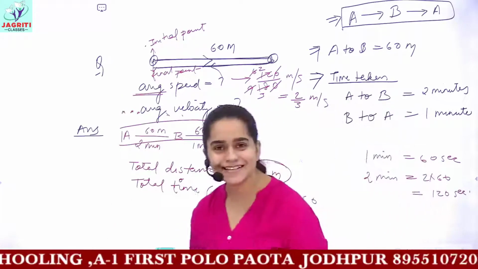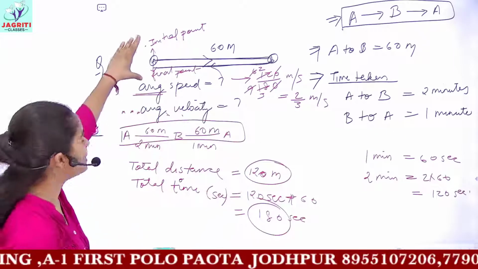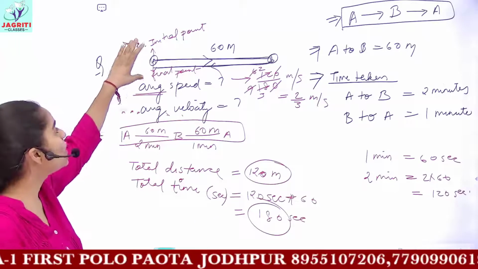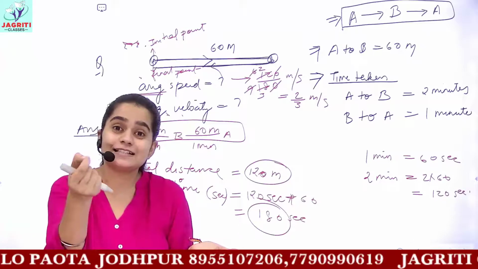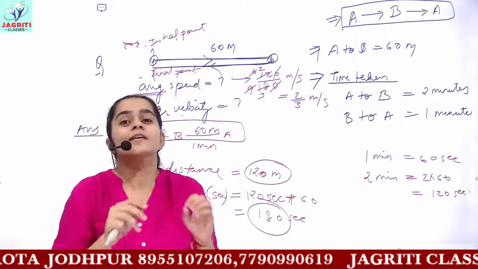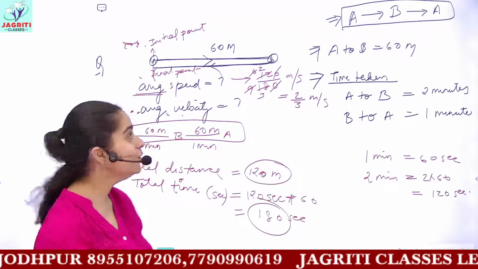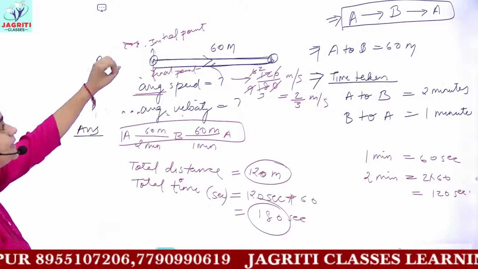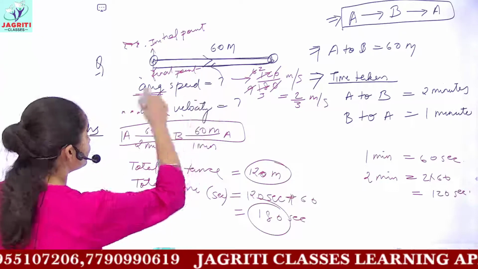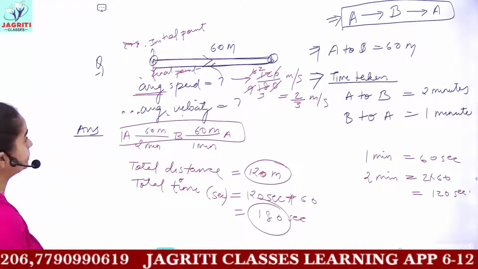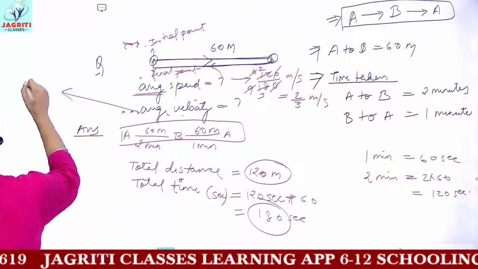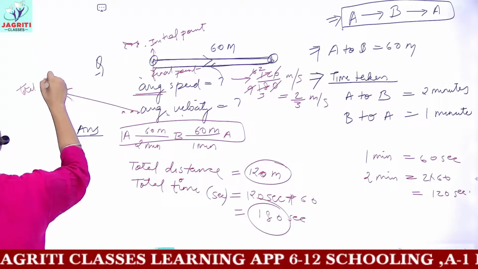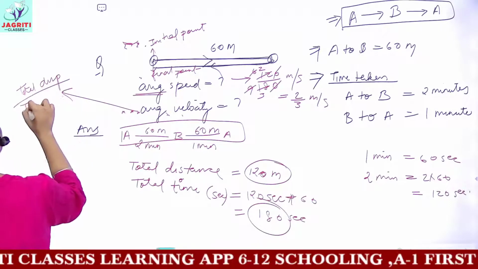You are very genius, I guess. The displacement is 0 because initial and final position are the same. So what is the shortest distance between initial and final? Shortest distance is 0. So here, because the displacement is 0, this average velocity would come out to be 0. See, average velocity would be what? Average velocity would be total displacement upon total time.